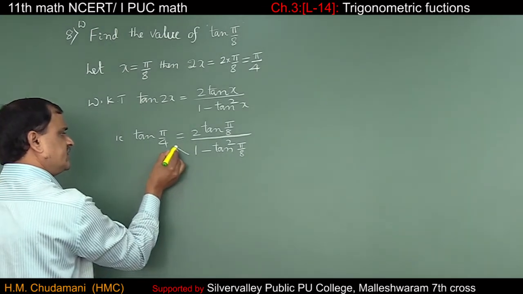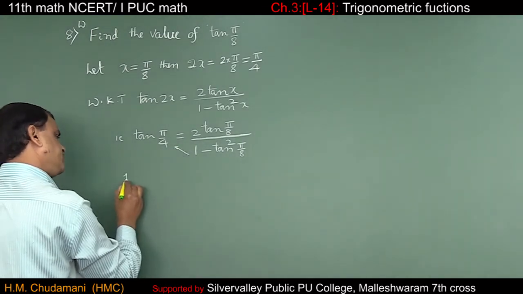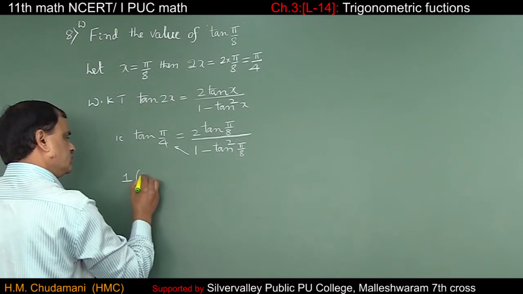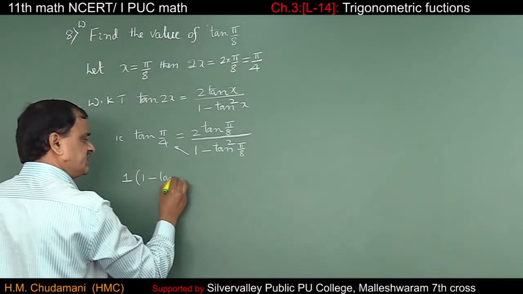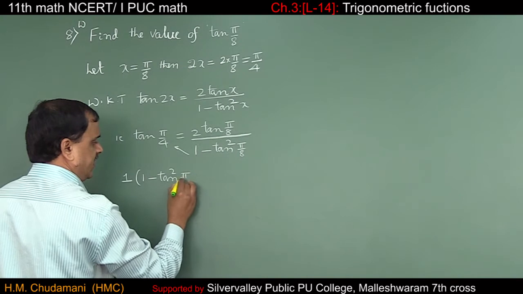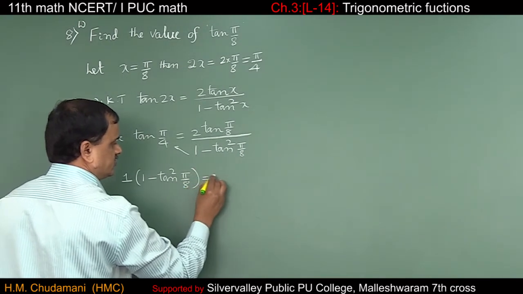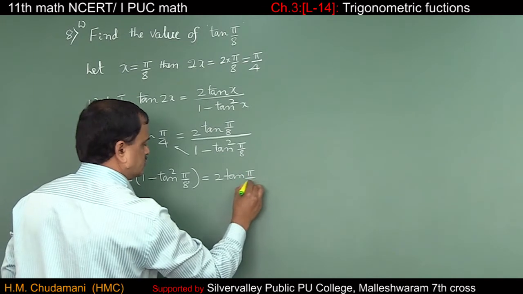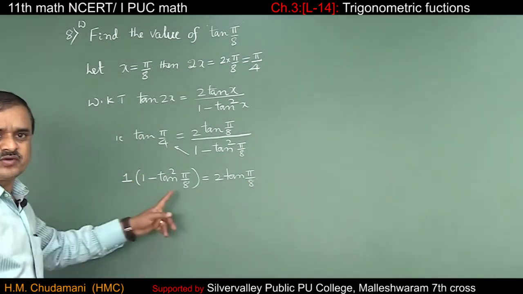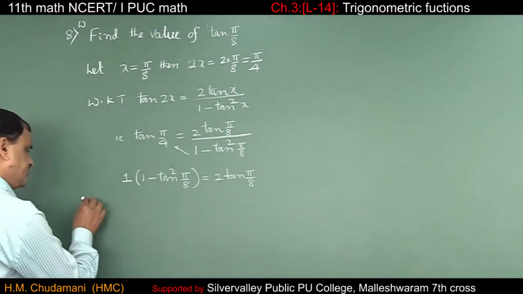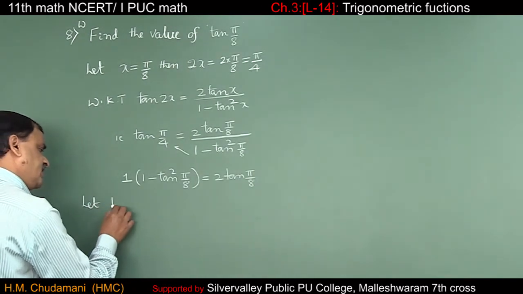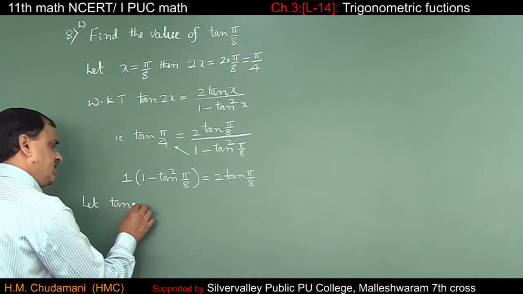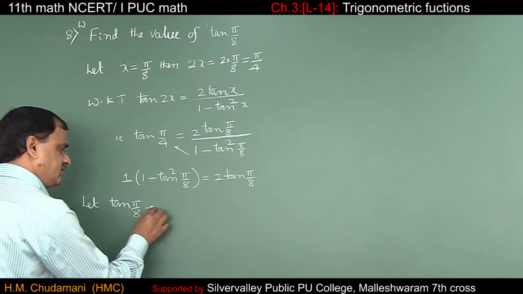Okay. So let us cross multiply: 1 into 1 minus tan square pi by 8 is equal to 2 tan pi by 8. To solve this, in fact it is a quadratic equation. To solve this, let us take tan pi by 8 as some new variable.